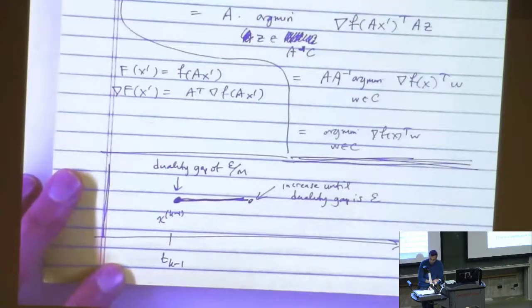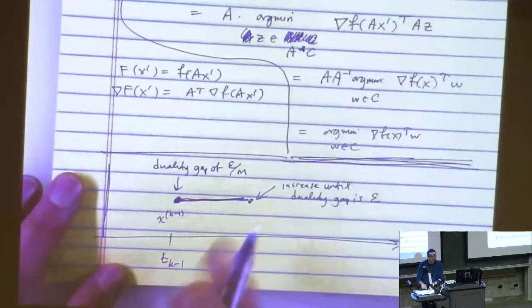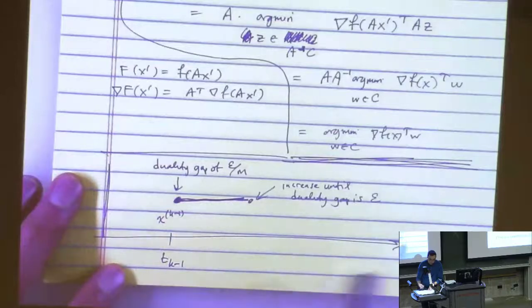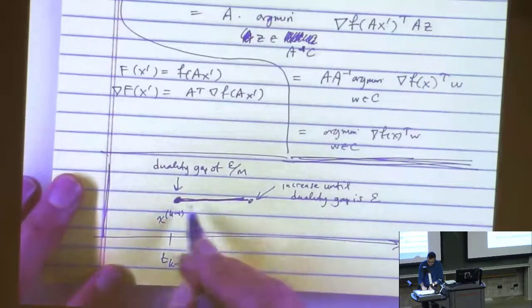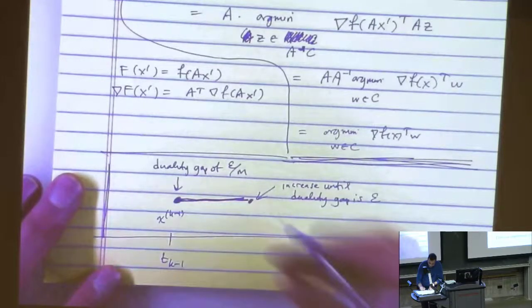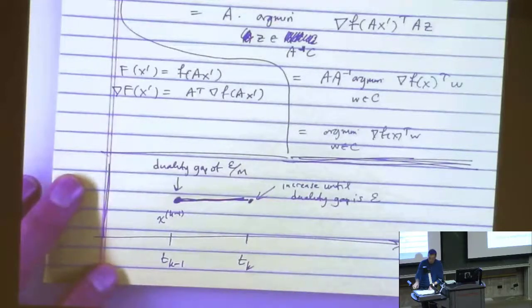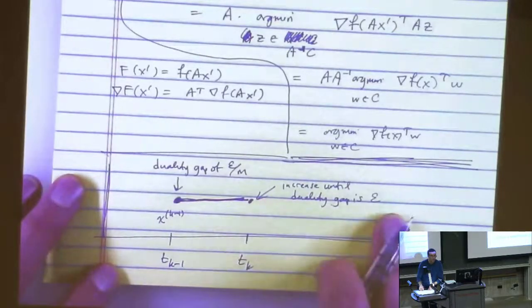Okay, the duality gap, you can go back and check. As I do this, it's only going to change linearly somehow in t, based on the form of the duality gap. So it's very easy to increase this until the last point in which it doesn't exceed epsilon. And then I stop, and that defines some other point t_k. If I increase t past this, I would have broken my duality gap budget.